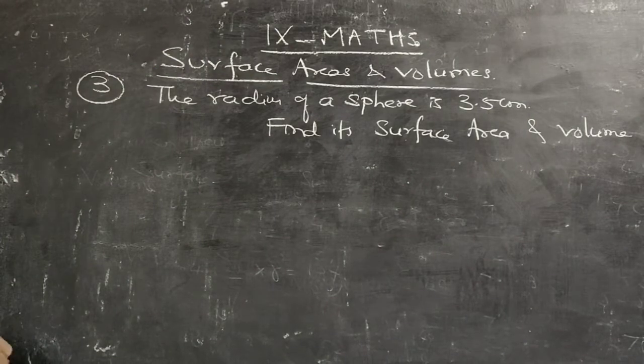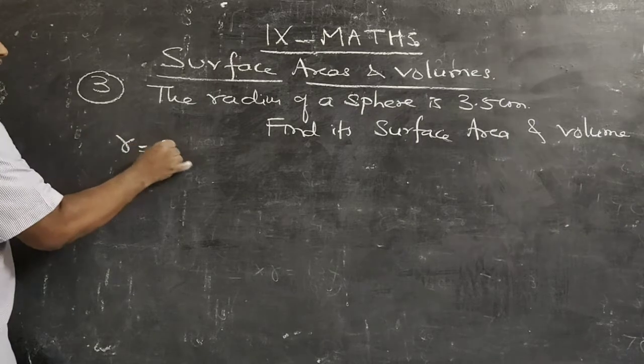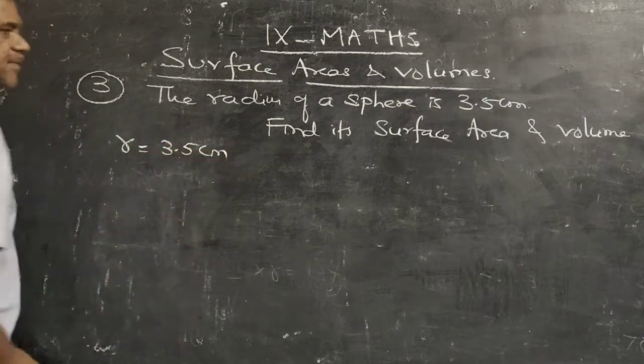Find its surface area and volume. So radius is equal to 3.5 centimeters.